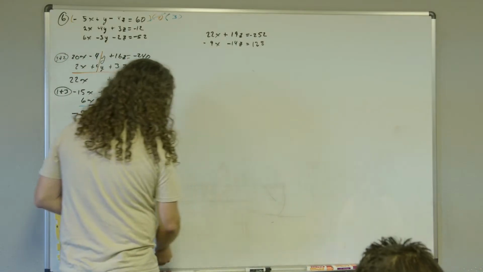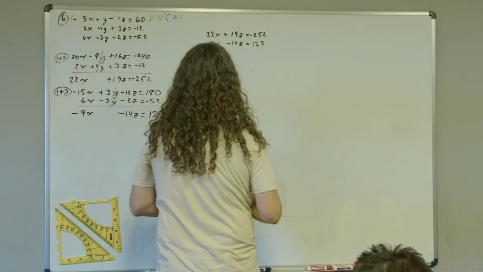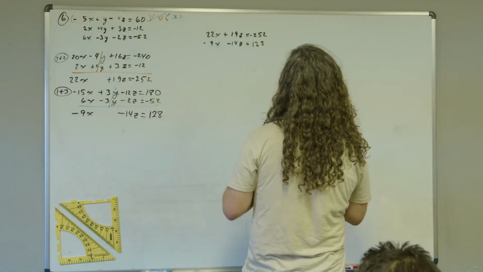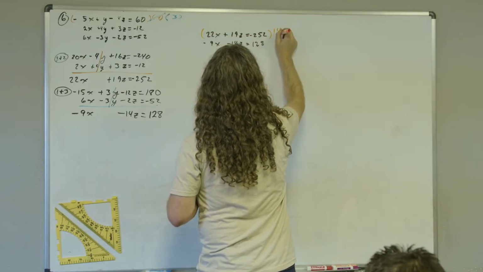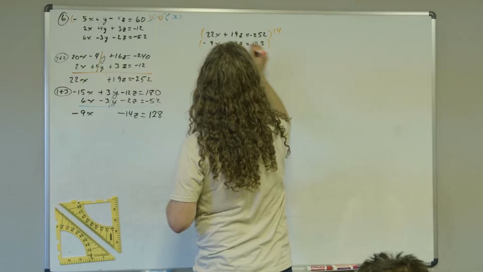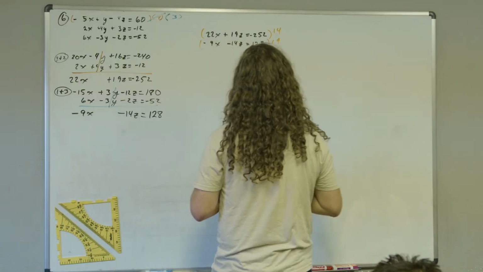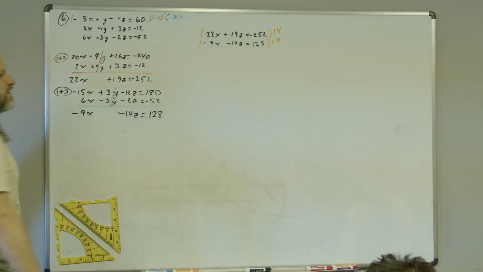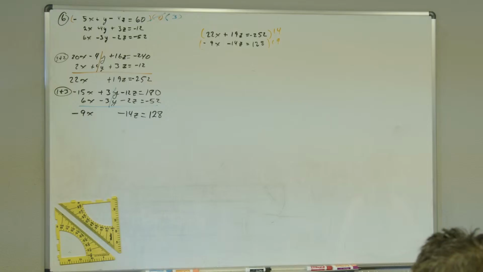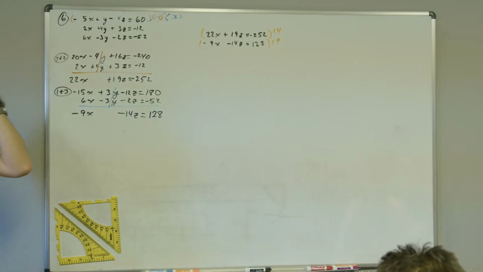What are we going to multiply the top one times? 14 sounds great. What about the bottom one? 19 sounds just fine by me. What is 14 times 22x? 308x. That's what you got before.